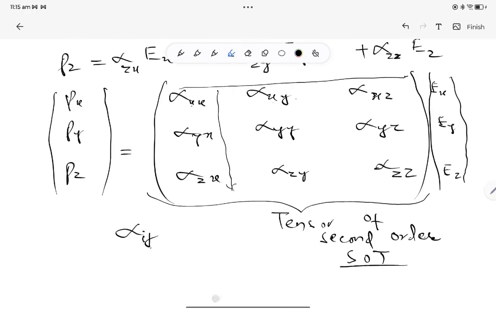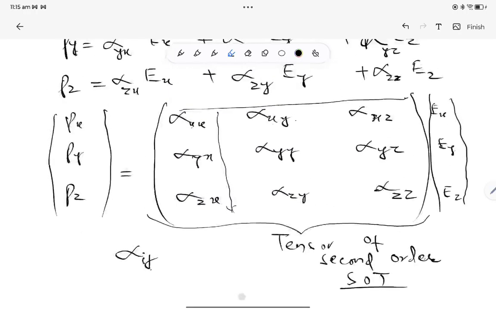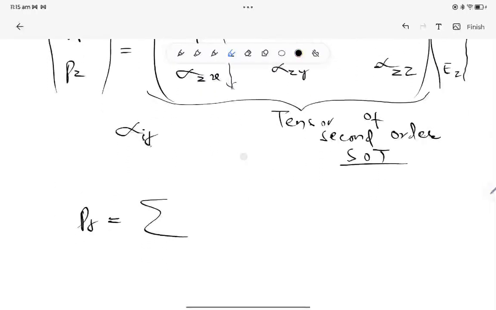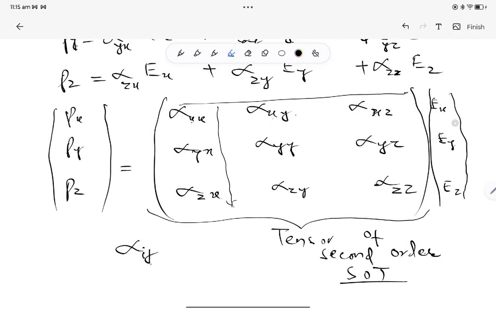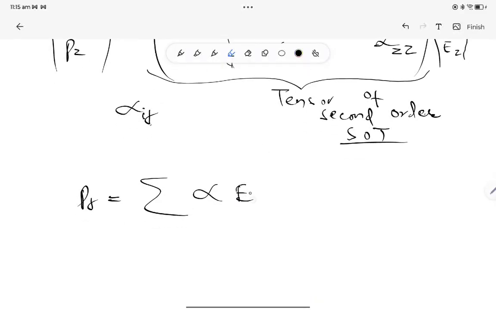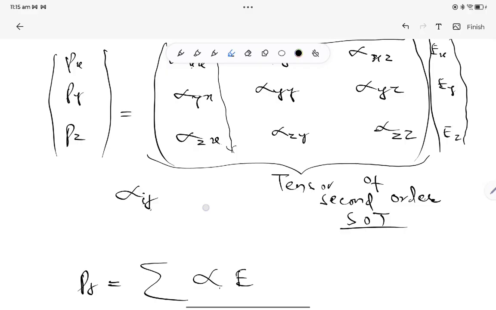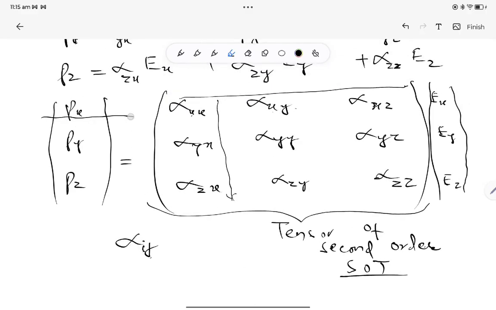Now we can write a particular component, say P jth component, say x, can be written as sigma alpha, and here you have Ex. I will neither write x here nor here. I will decide it. What should I write here and what should I write here? Let us see. I'm talking of only one component.